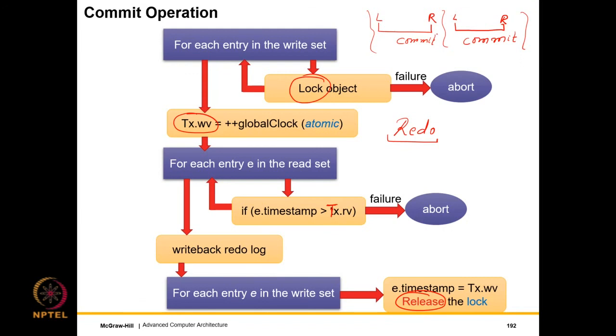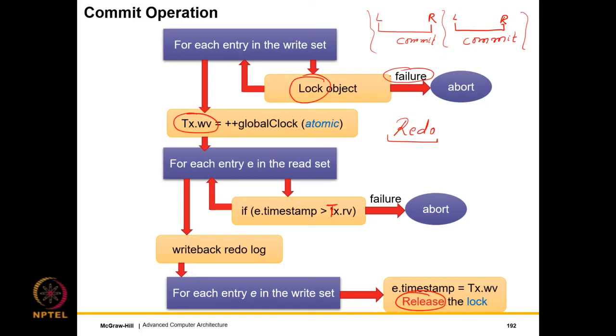But if there is an overlap in terms of time, which is actually not allowed because that will become a concurrent and conflicting access, then the lock failure will indicate that two transactions are writing to the same object at the same point of time, and that would indicate that there is a need to abort.